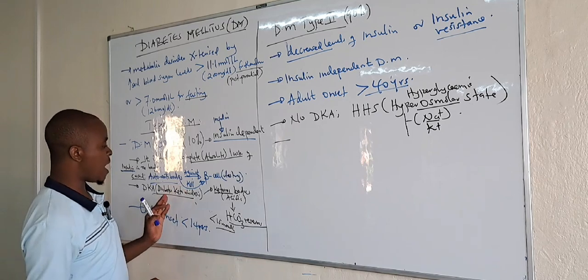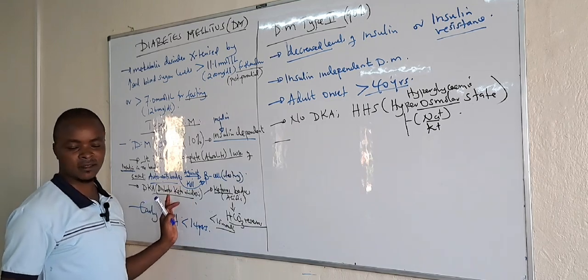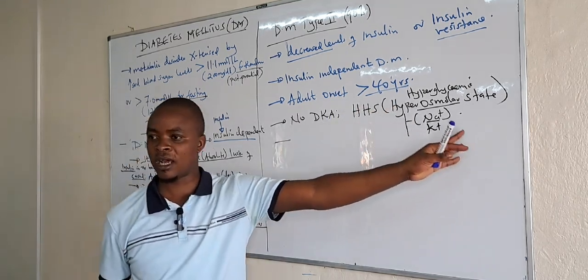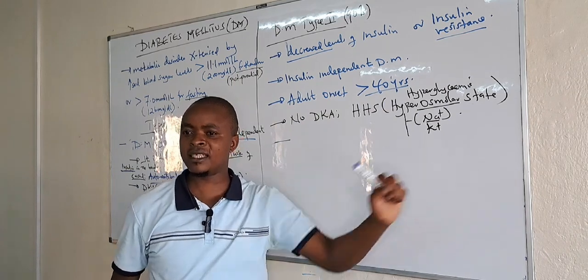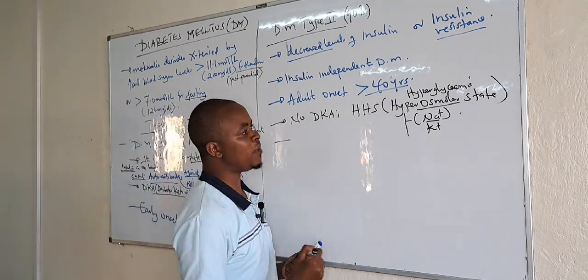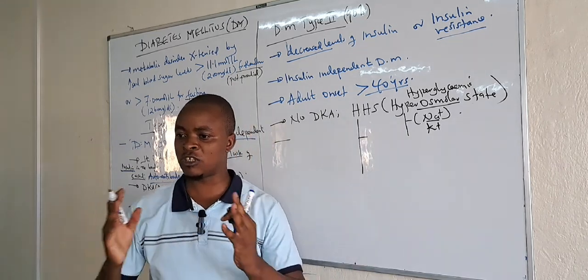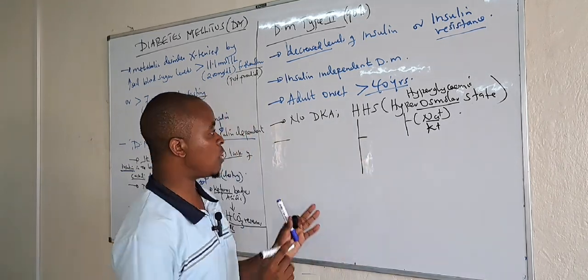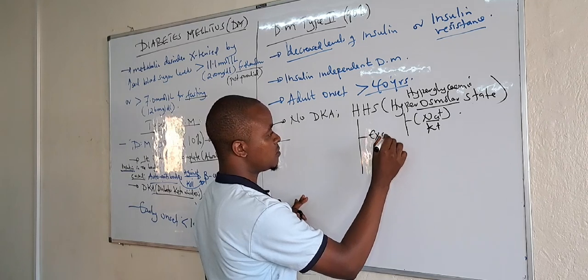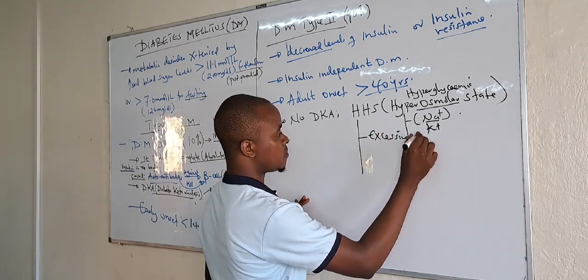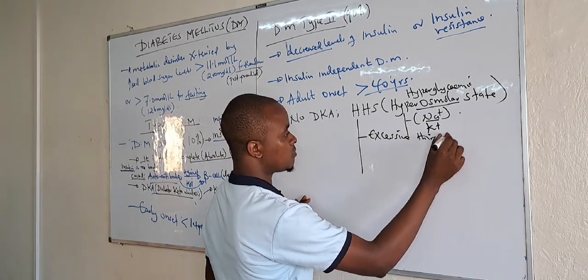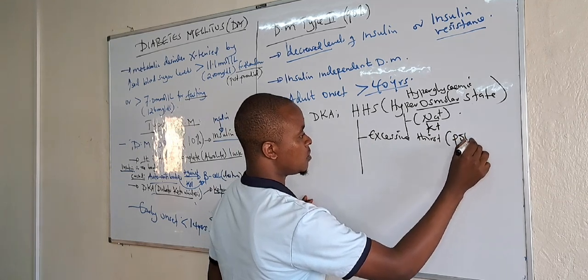So in type 1, we see diabetic ketoacidosis. In type 2, it is the hyperosmolar state. And because of this hyperosmolar state, you find patients want to drink water every time. This leads to excessive thirst, which we call polydipsia.